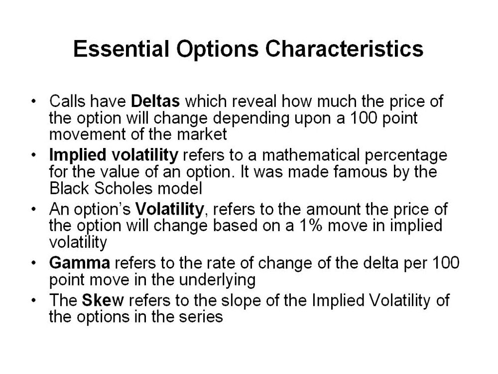It was made famous by the Black-Scholes model. An option's volatility refers to the amount the price of the option will change based on a 1% move in the implied volatility. Gamma refers to the rate of change of the delta for a 100-point move in the underlying. And the skew, which we will discuss often, refers to the slope of the implied volatility of the options in a series.